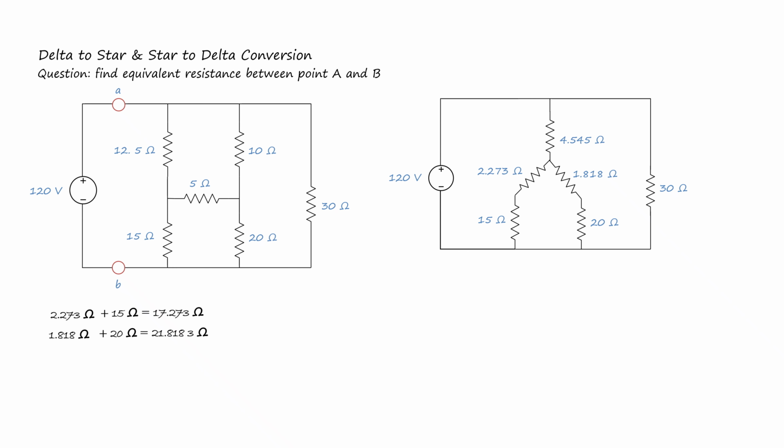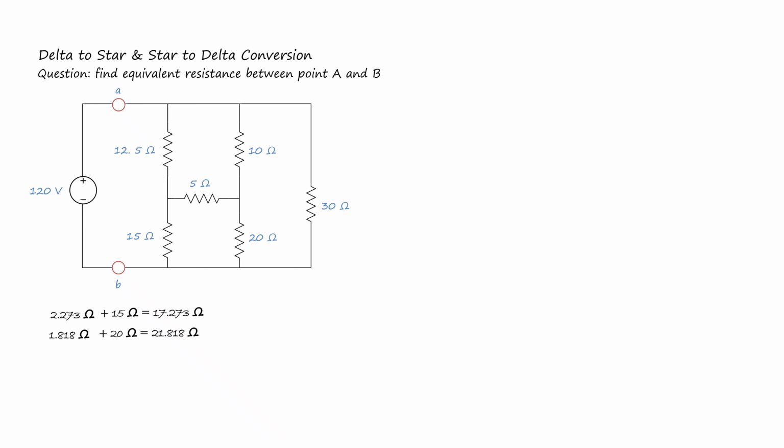So after we get these equivalent resistors, the circuit looks like this.